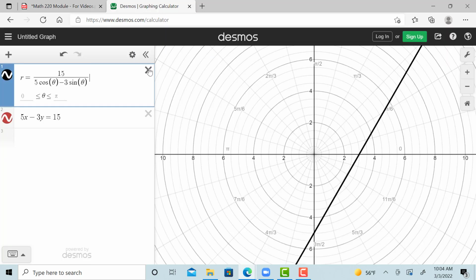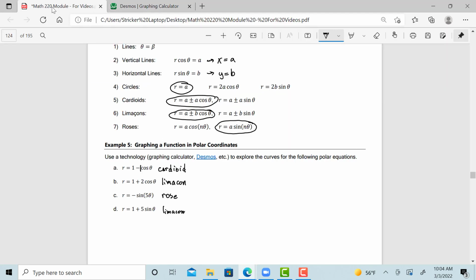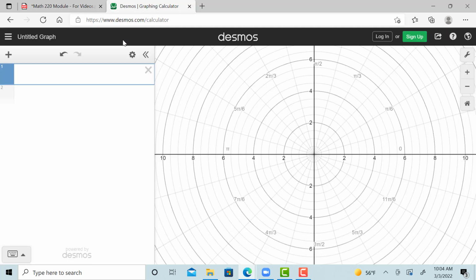I'm going to go ahead and clear out our previous graphs. The first one was r equals 1 minus cosine theta, which we said was a cardioid. So there's a cardioid. Now you may be wondering, are we going to have to sketch these out by hand?